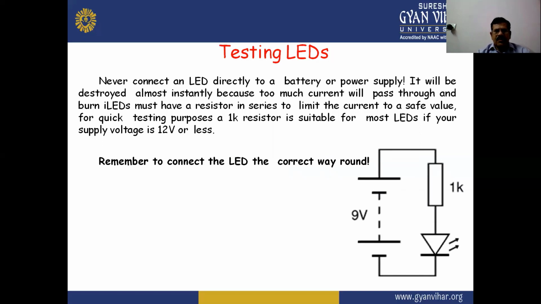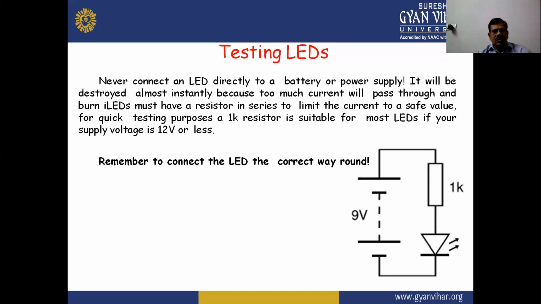In testing of LED, never connect an LED directly to a battery or power supply, or it will be destroyed almost instantly because too much current will pass through it. Due to this, we cannot connect an LED directly to the battery or power supply, because too much current will pass through and the LED will be burned.